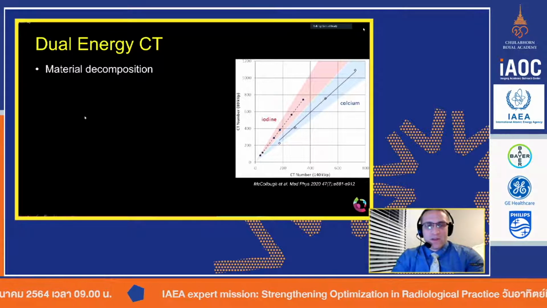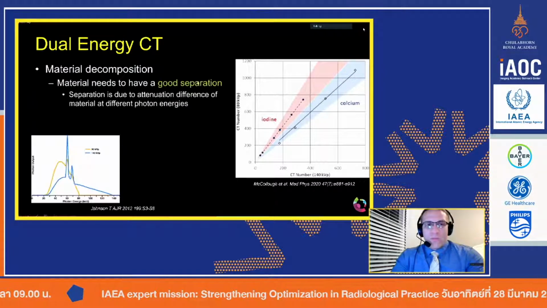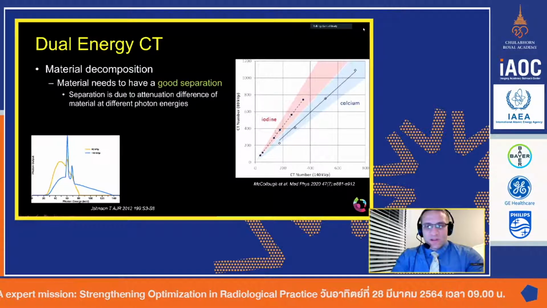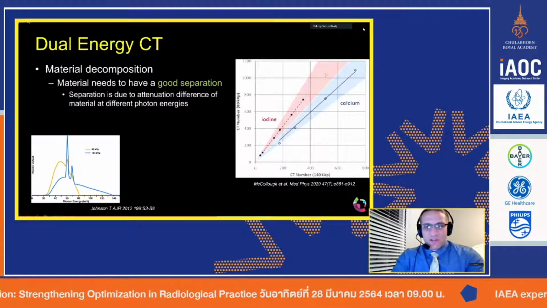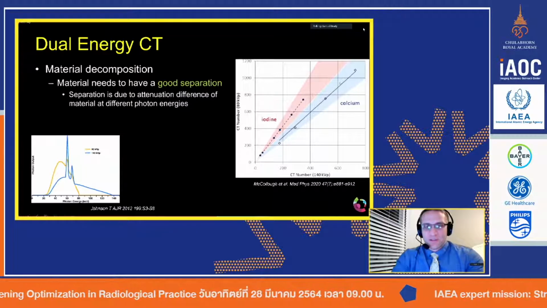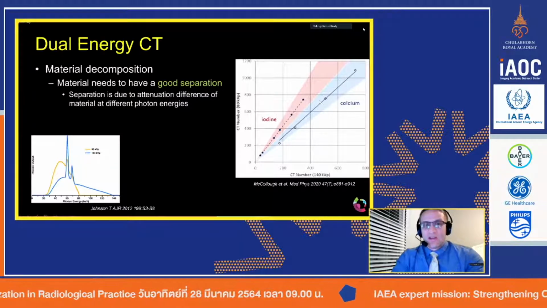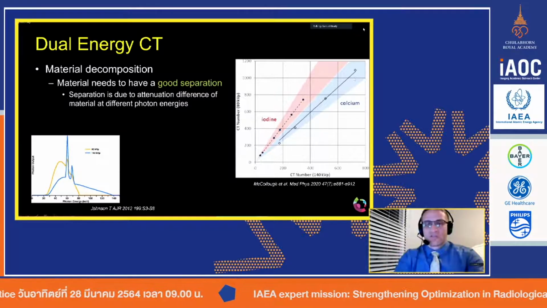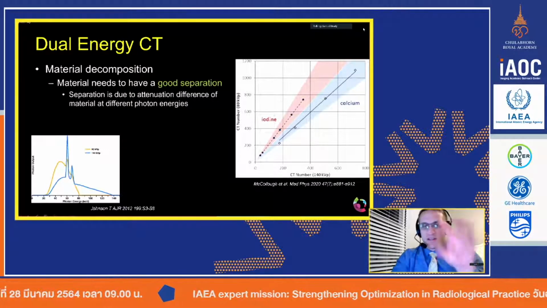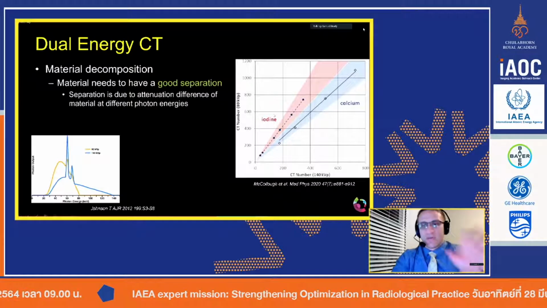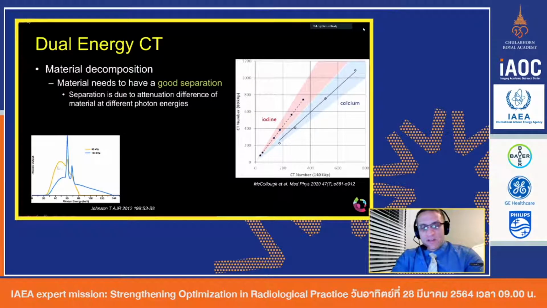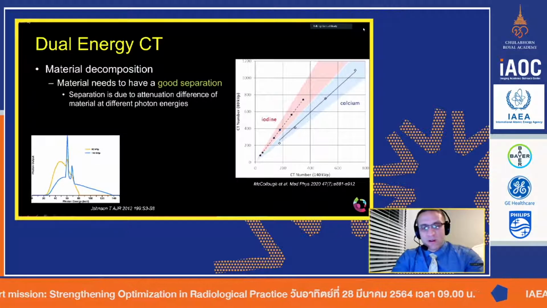All right, so now we've been talking about what we need to do, which is we need a good separation between these two objects or these two materials so we can get a good clean separation, reconstruction, and then in that reconstruction we can tell which one is iodine and calcium. Now, the more separated these two spectrums are, the better.